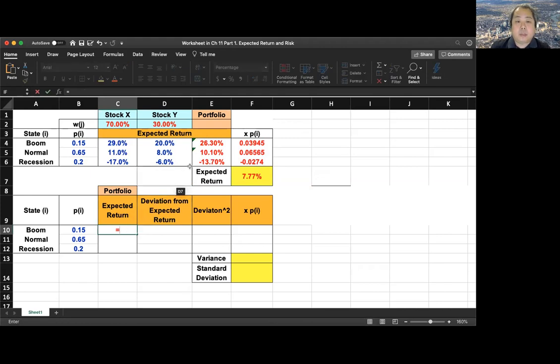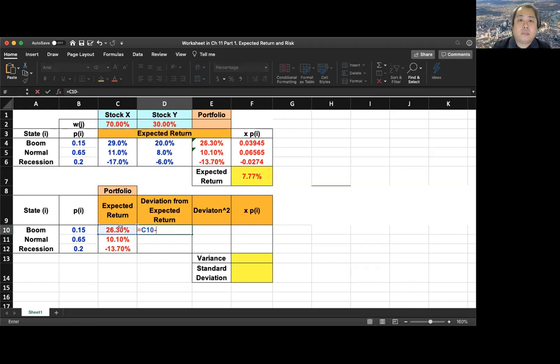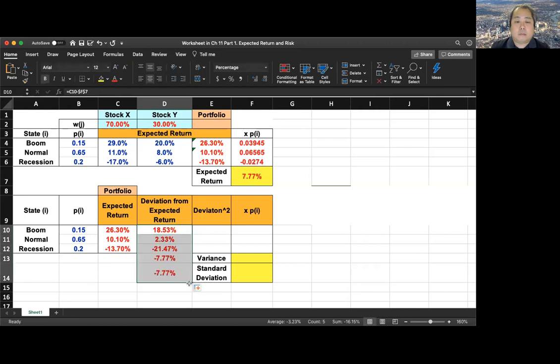Copy portfolio return. Find deviation from expected returns and square them.